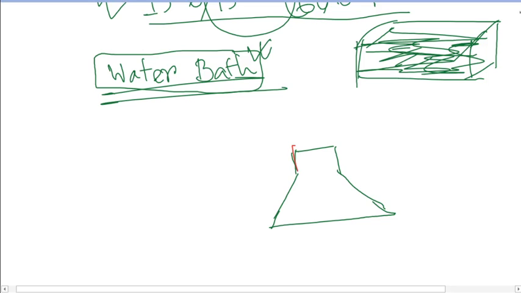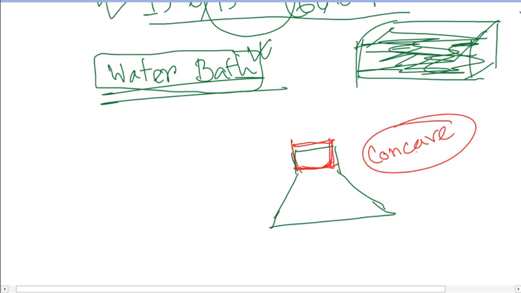There will be a glass stopper which will automatically fit in this pycnometer, and the bottom surface of this stopper will be concave in shape. Why? Just to remove the air void or air bubble.